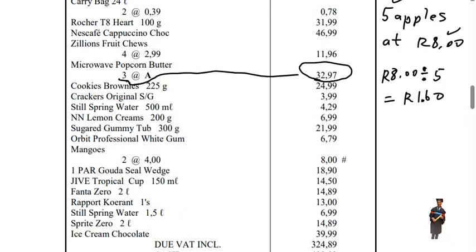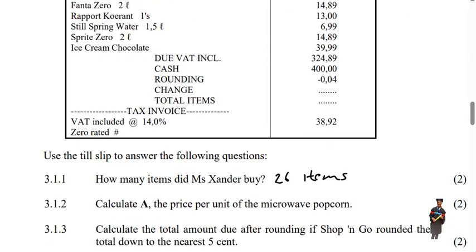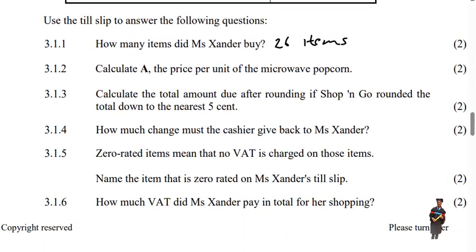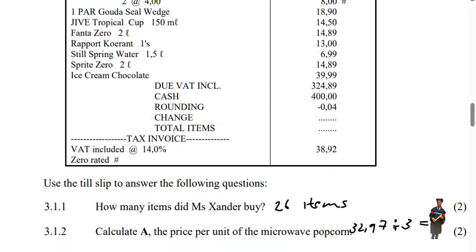As you can see, I just told you that whenever they give you the total cost and the number of items, just say the total cost divided by the number of items. So we are going to say 32 rand 97 cents divided by 3. This will give us the cost of each. Okay, 32 rand 97 divided by 3.